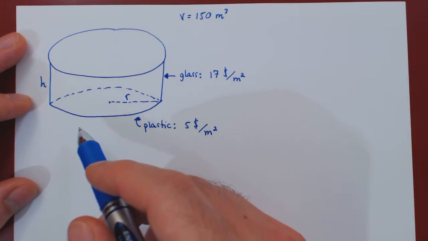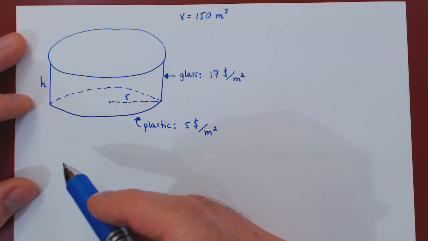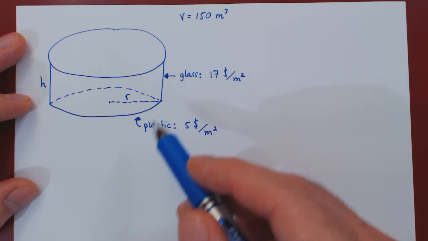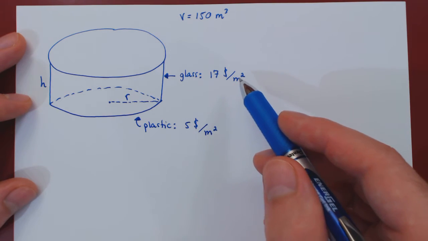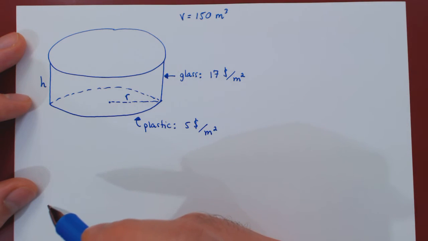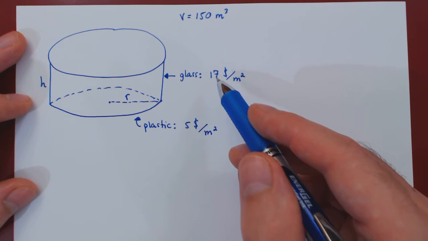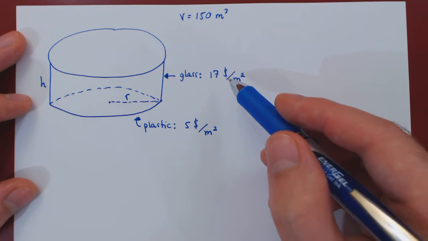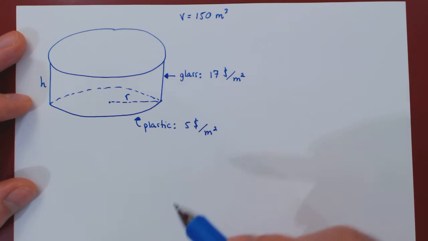So let's figure out now a cost function. Now, how do we go from having, for the glass and the plastic, a cost per meter squared to a total cost function for the tank? Well, think about this. We have, in each case, a cost per meter squared.